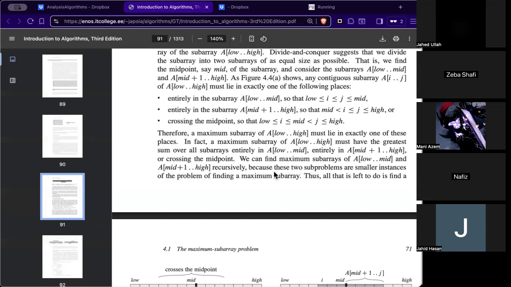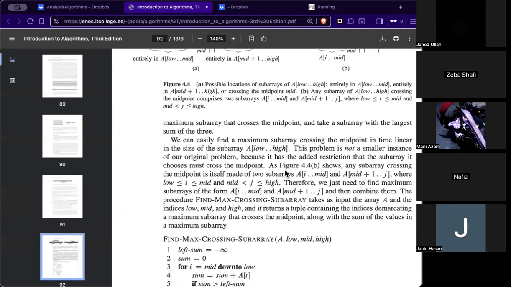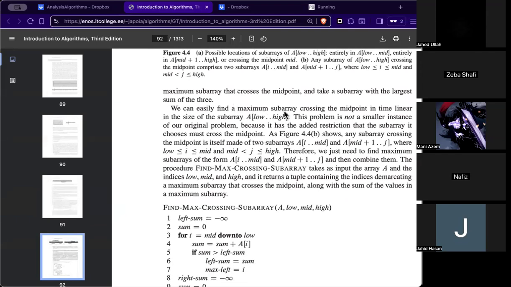Okay, so now here's what we want to do. We find the maximum subarray crossing the midpoint in time linear in the size of the subarray, which makes sense, right? At worst, we only scan everything. So this problem is not a smaller instance of our original problem because it has the added restriction that the subarray it chooses must cross the midpoint.